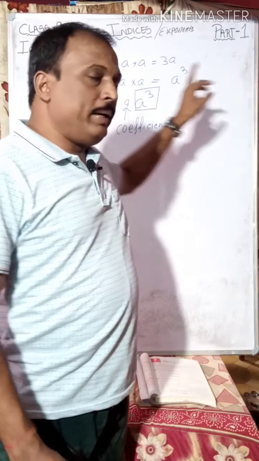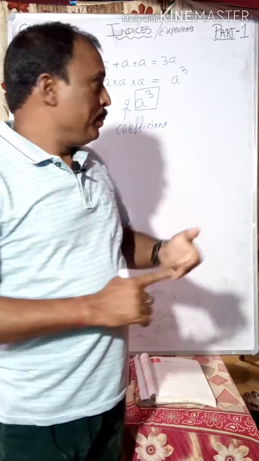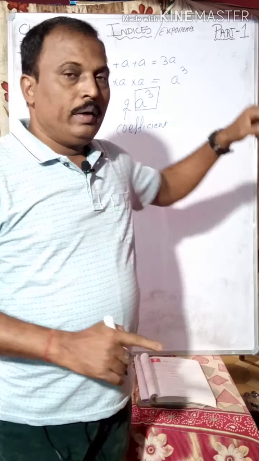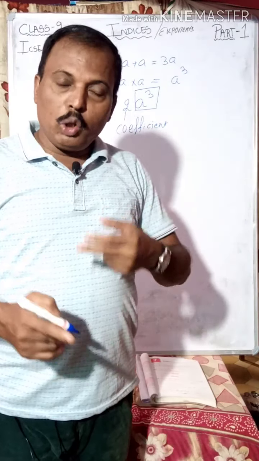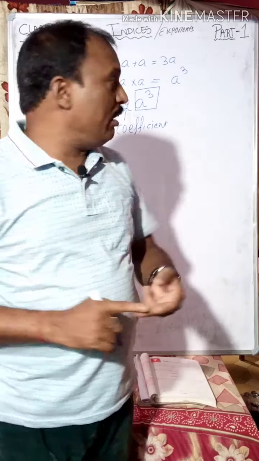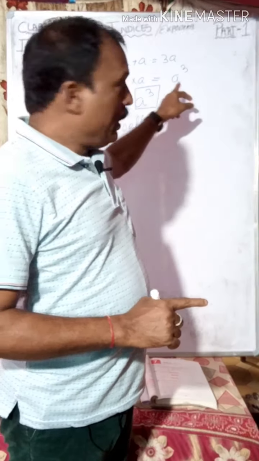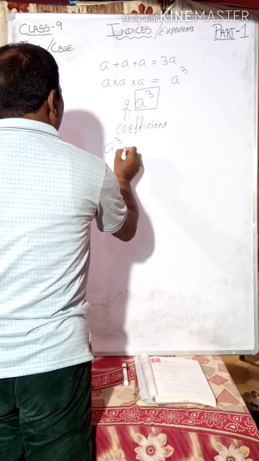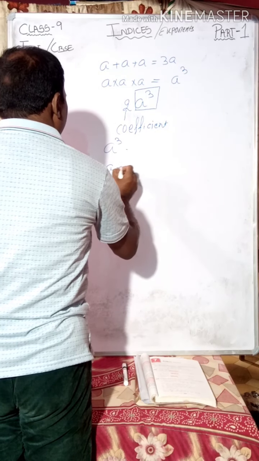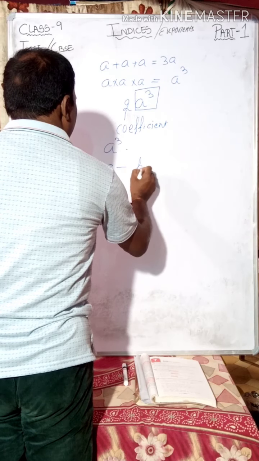Here a cube is a factor, 2 is a factor, or otherwise 2 is called the coefficient of a cube. And in a cube, what is a? a is the base.